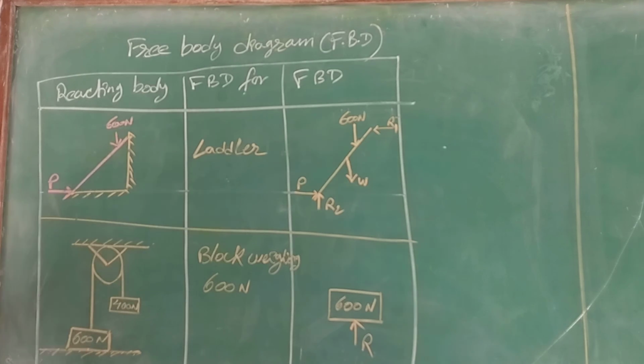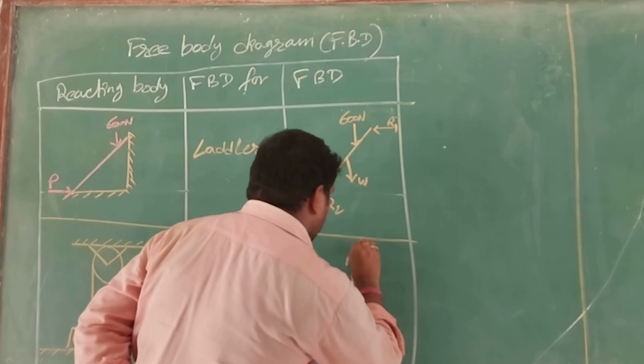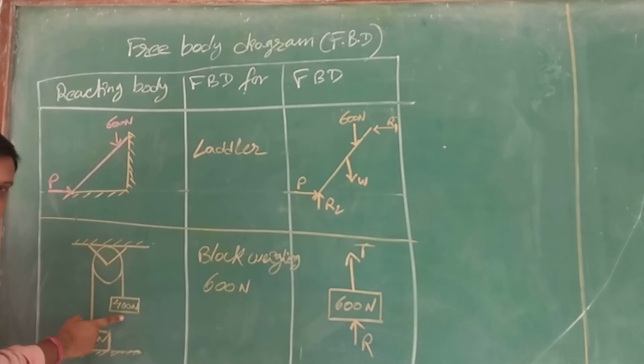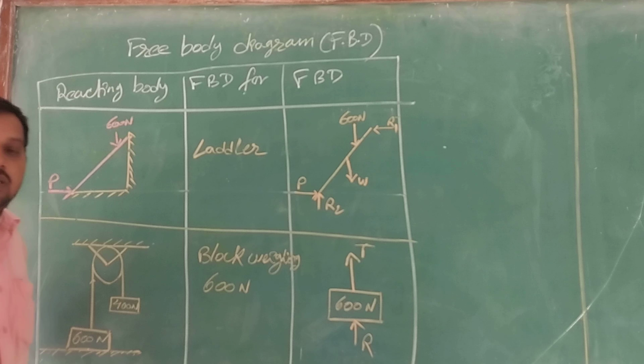So we have a reaction. This reaction is connected over the pulley, so there will be a tension in the string due to the weight of the hanging block. Since this 400 Newton block is hanging, self weight will be applicable to this one. Since it is hanging, this string will be in tension. So the tension will be in this direction. That will be my tension. So this is the FBD for this one.